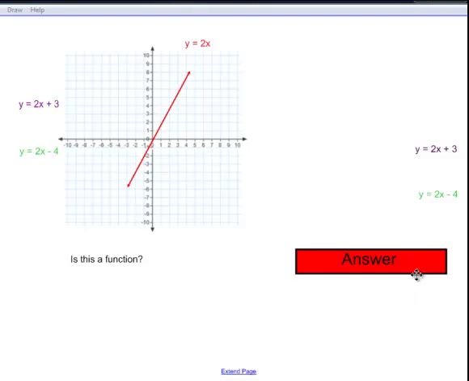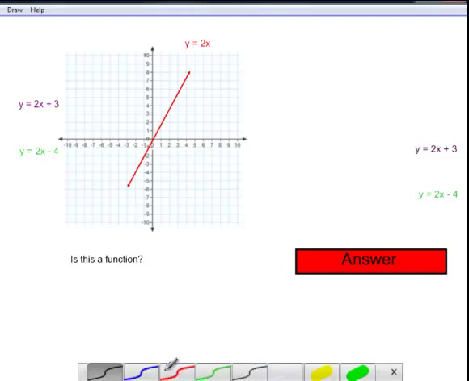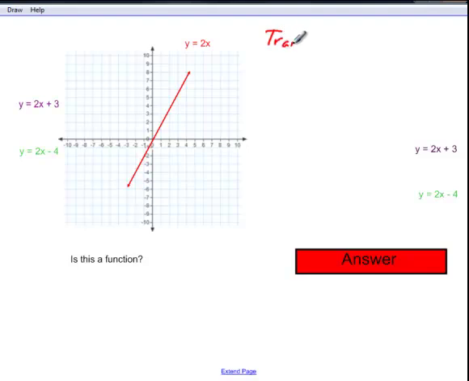Okay, so just to finish up this video, the last thing they add in this section is translations. If you remember that, translate means to push or move a graph. So we have this graph right here, and it's a direct variation, right?